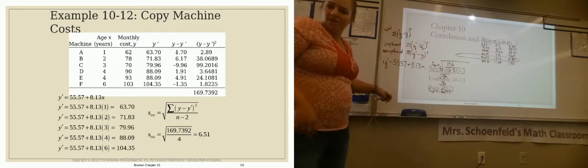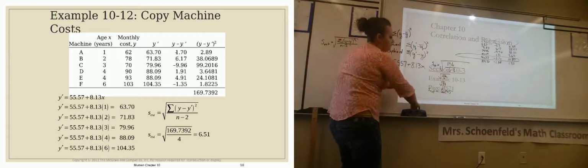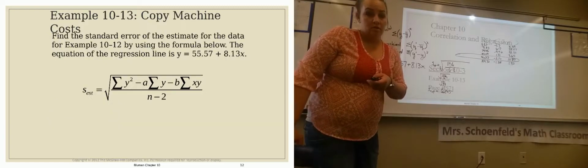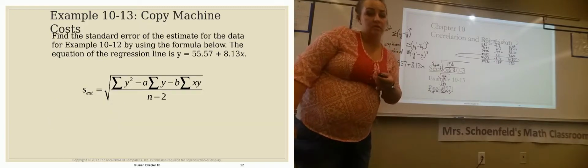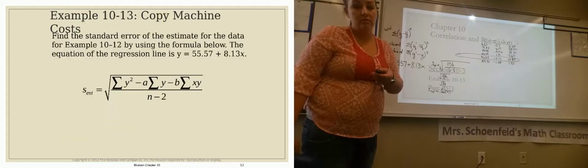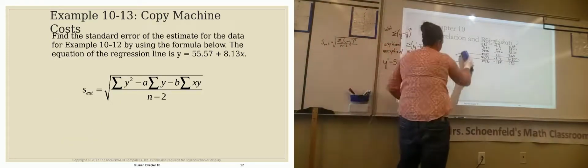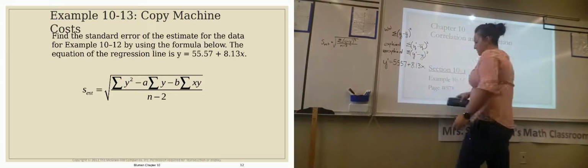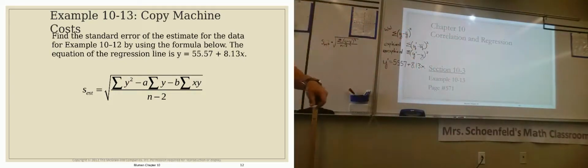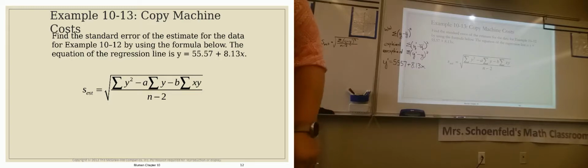Okay, correlation and regression. Let me find this clicker. Example 13, what example was that? Okay, so this will be it. So we have all our formulas handy so you can work with them. Find the standard error of the estimate for the data in example 10 using the formula below. The equation of the regression line is that same thing. So we want the sum of our y squares.